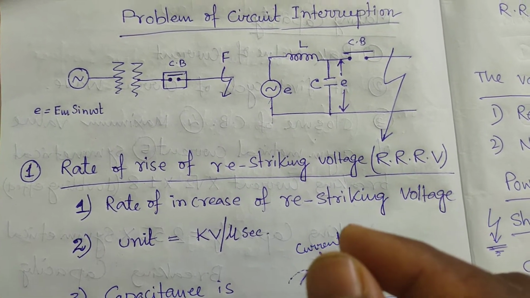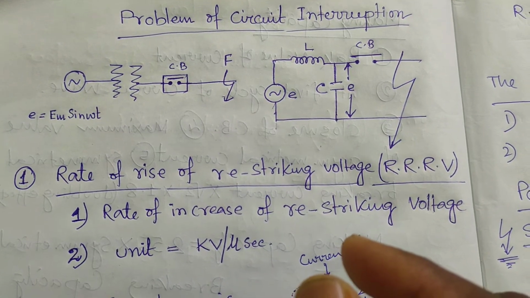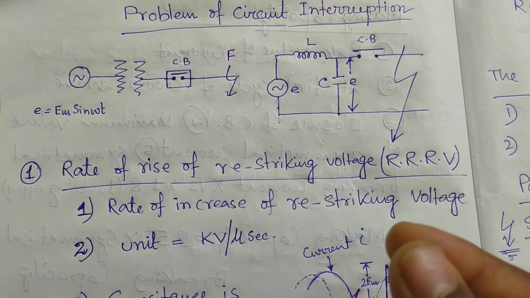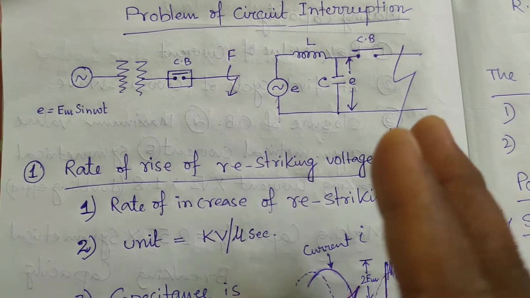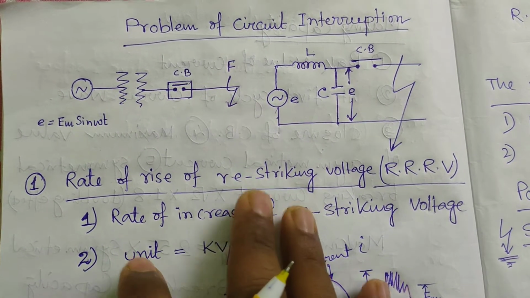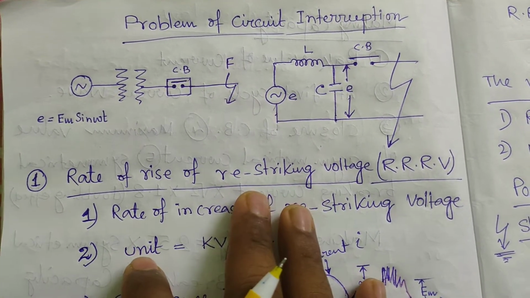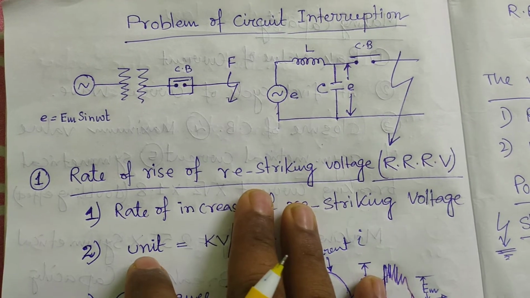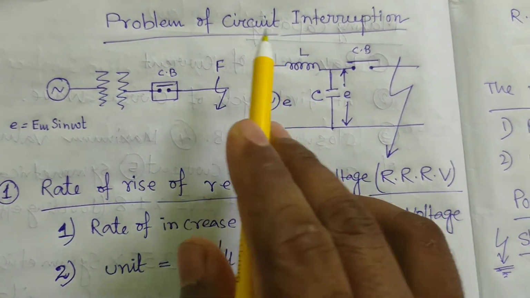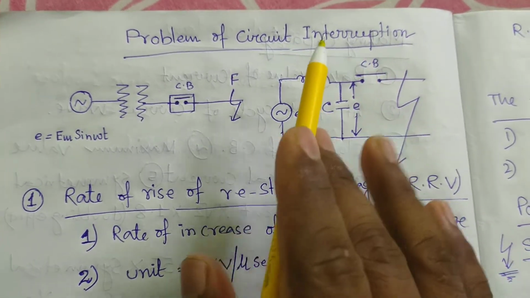That interrupter can be SF6, vacuum interrupter, oil circuit breaker; different types of circuit breakers are used nowadays. Today my topic is about the circuit interruptions with the current interruption.